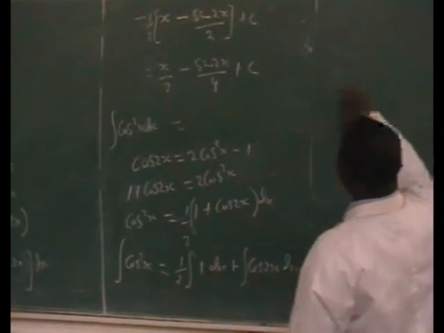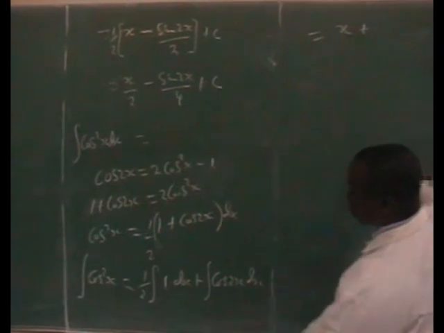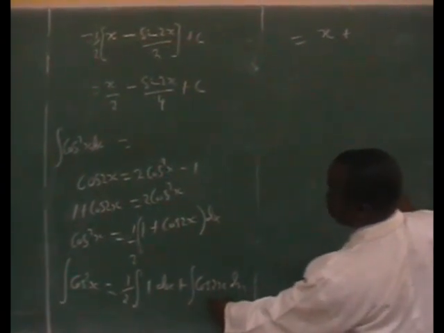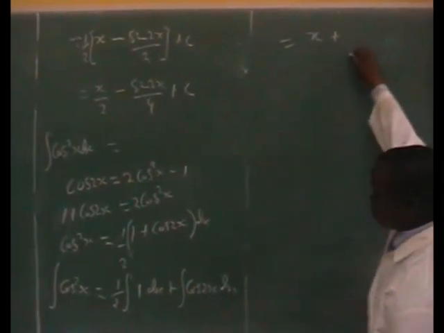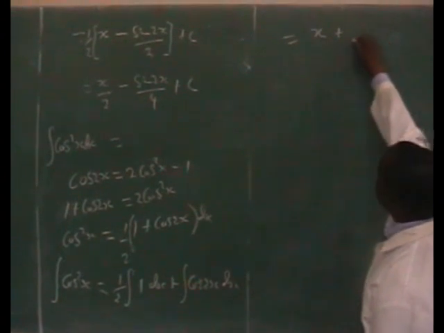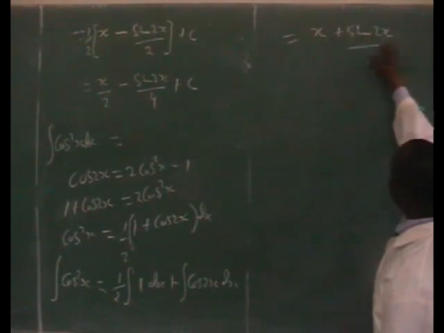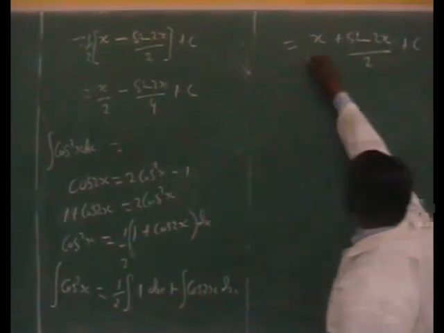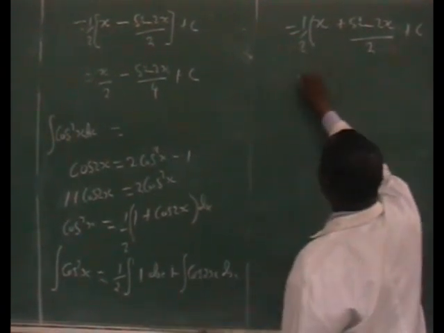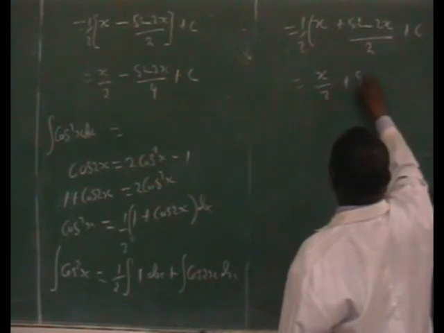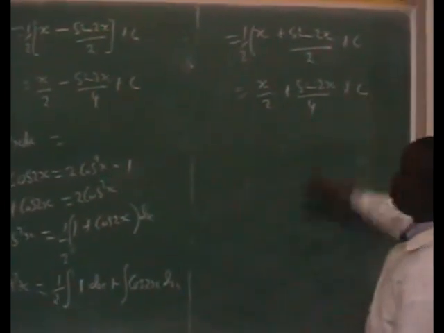So what it means here is that I will have x plus, of course, if I integrate this, I will have sine 2x all over 2 plus c. Now remember that we have half that follows it. So times it, we will have x all over 2 plus sine 2x all over 4 plus c.